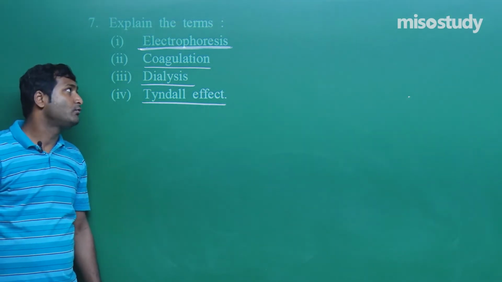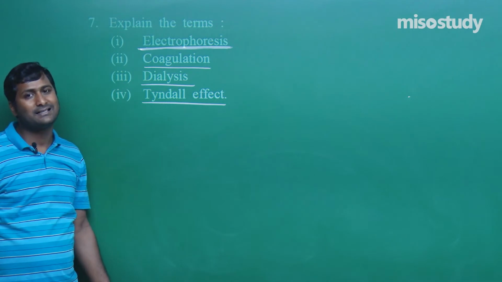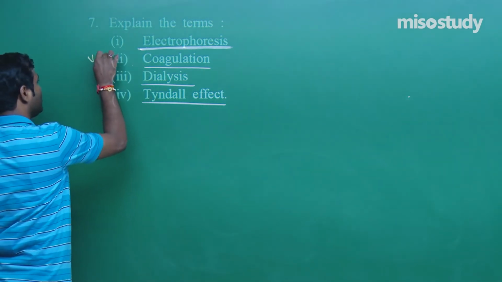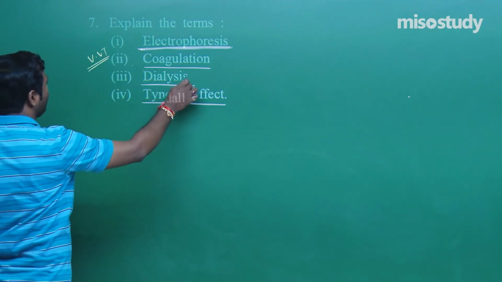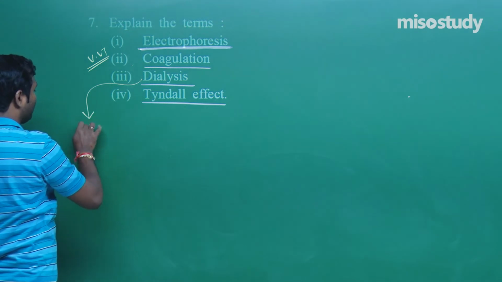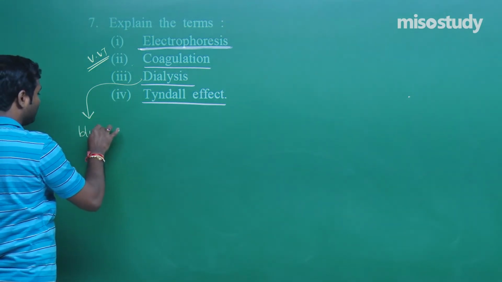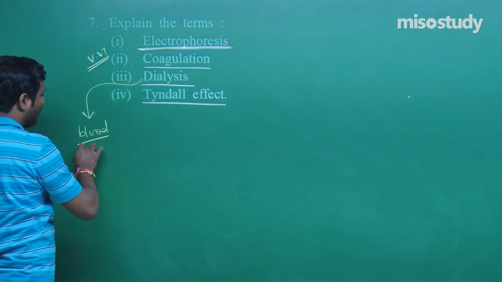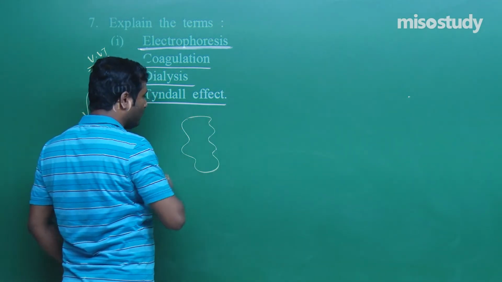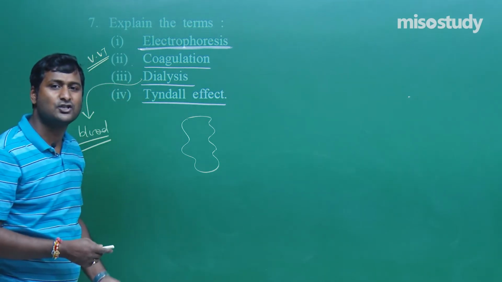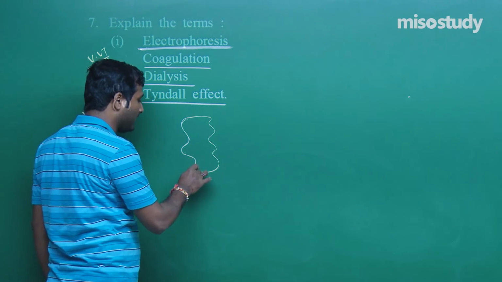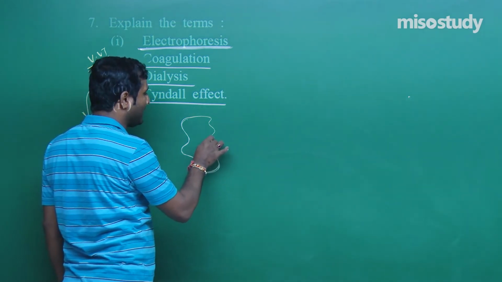And how to find the coagulating power? That is Hardy-Schulze law. I have discussed this thing. This point is very much VVI. What is dialysis, my friend? Dialysis, you are very much familiar. Blood dialysis, the process of removal of colloids from crystalloids by using parchment paper or any membrane is known as dialysis.